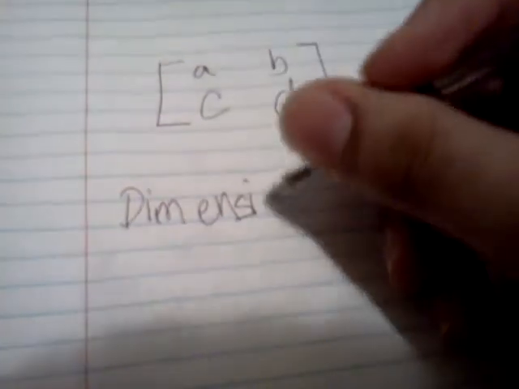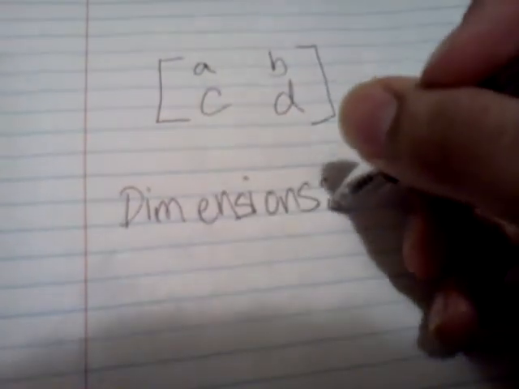So the way the dimensions work, when we say 2 by 3, 4 by 6, whatever, we're saying how many rows we have by how many columns we have.